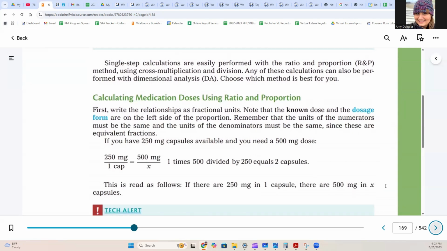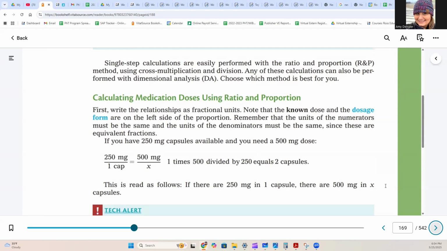So calculating medication doses using ratio and proportion is going to be the same as what we just did in the previous chapters. But let's first write the relationships as fractional units. Note that the known dose and the dosage form are on the left side of the proportion, which really doesn't matter, but that's how they have it here.